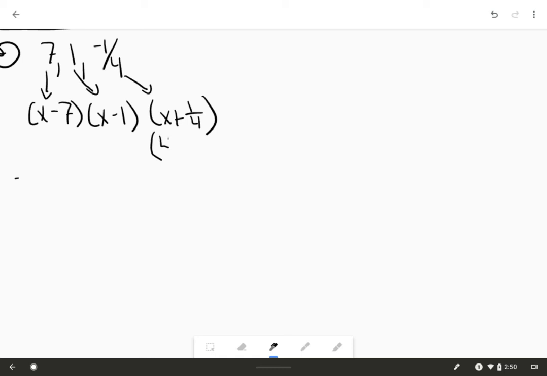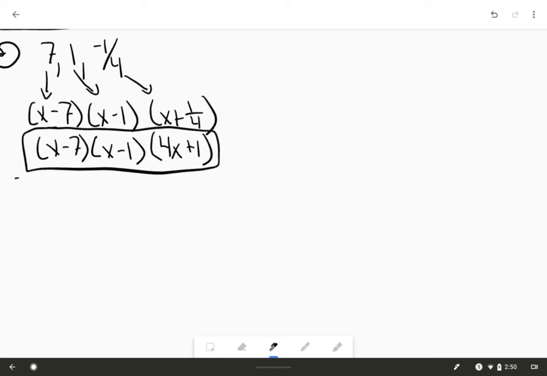So 4 times x is 4x, and 4 times 1 over 4 is going to be 1. Okay, so the third factor is going to be 4x plus 1. So this right here, okay, this is our factored form.